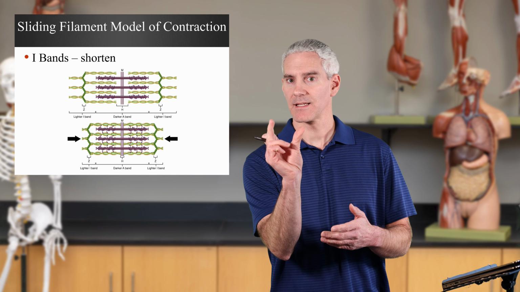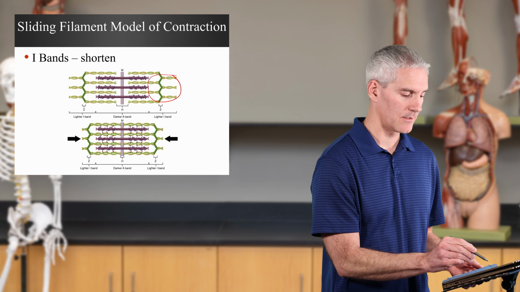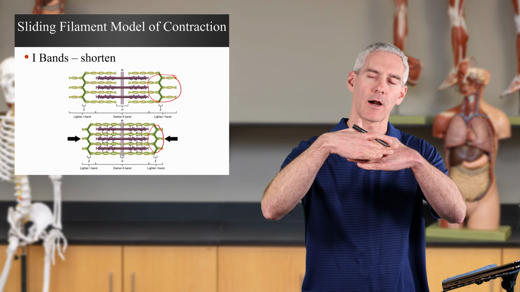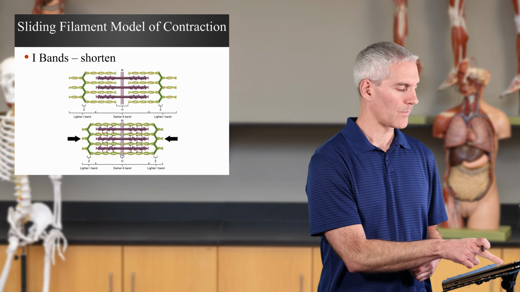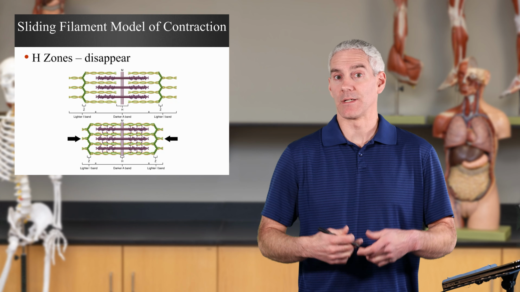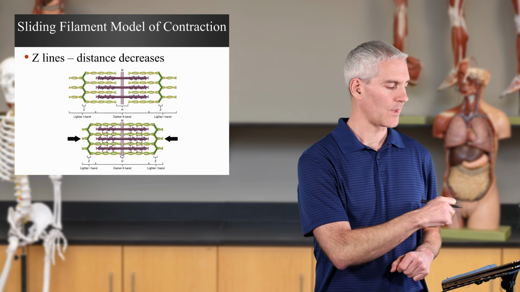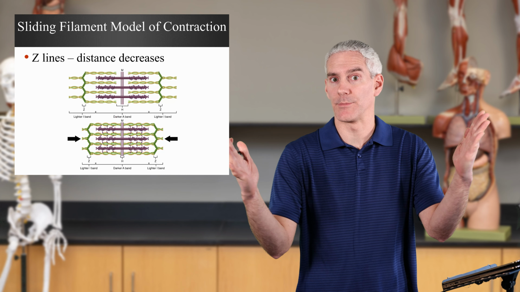The I bands get thinner because you have this large area that's I band here, not as much smaller area, because the thin filaments are overlapping the thick filaments further. You're going to have the H zone disappearing. Thin filaments are going towards the center. Your Z line, the space between them, decreases because the sarcomere shortens.